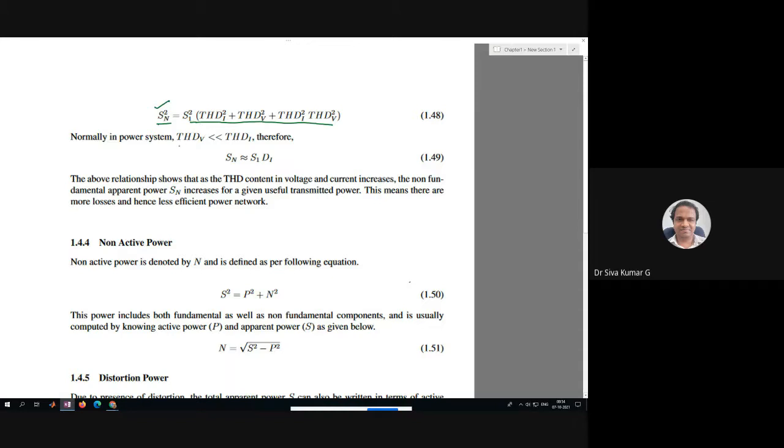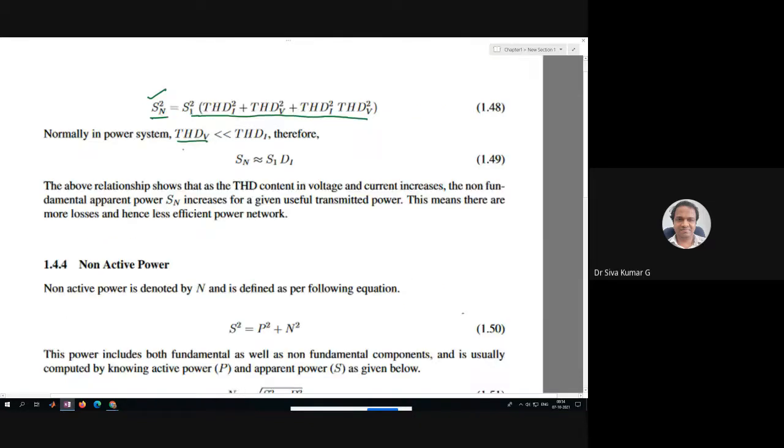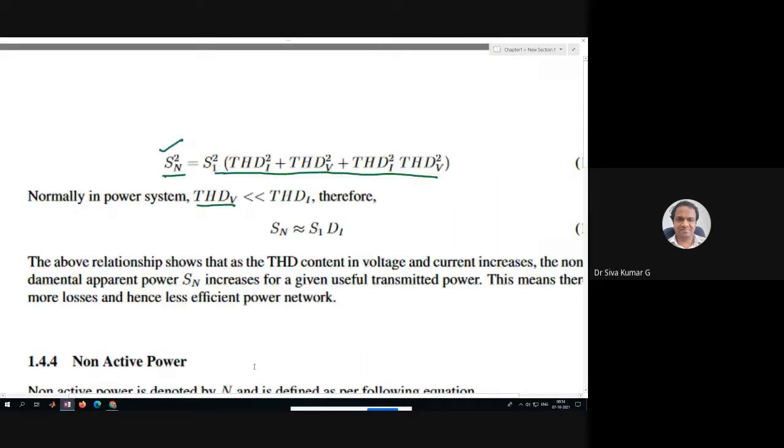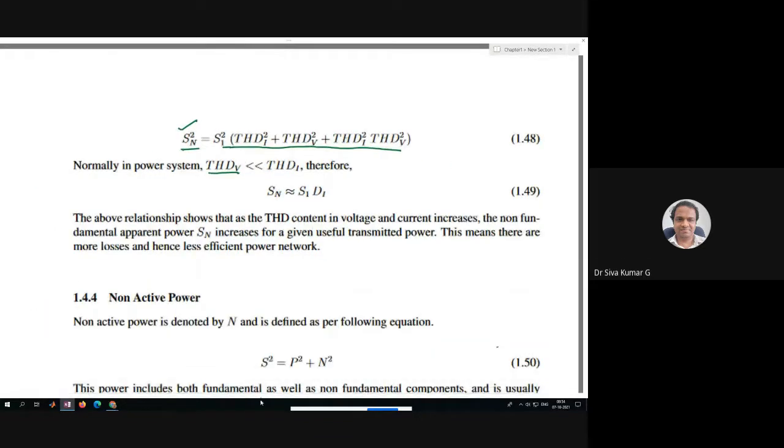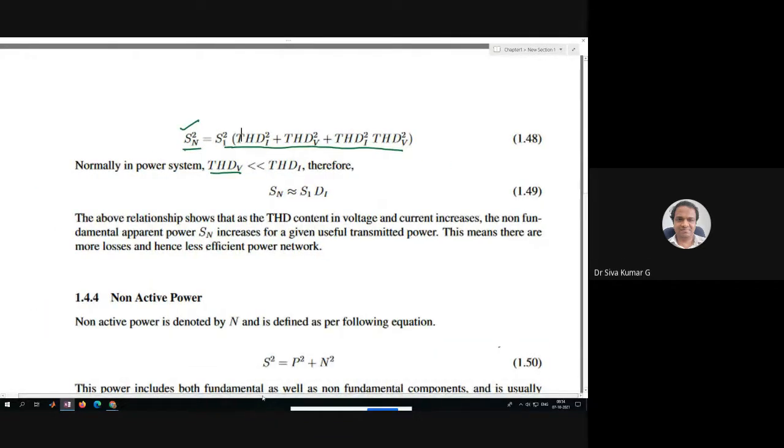Now for our understanding, in power systems generally we express that THD in voltage is very much lesser than THD in current, because as we have seen in the IEEE 519 standard, the THD in voltage is very less. So the THD in current is more.